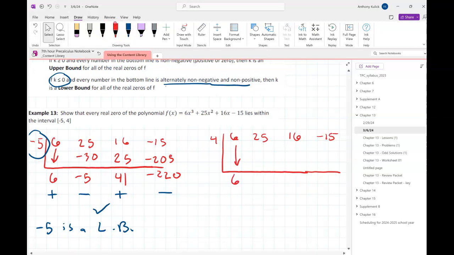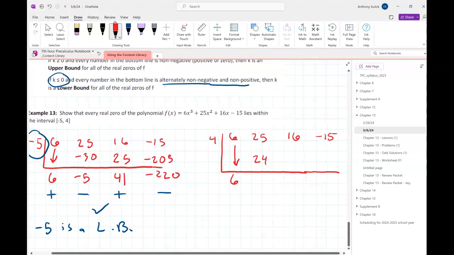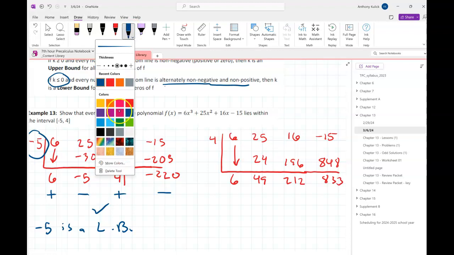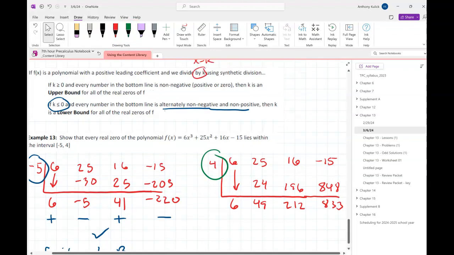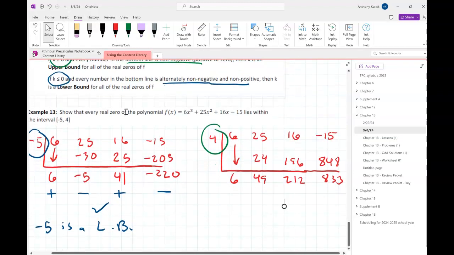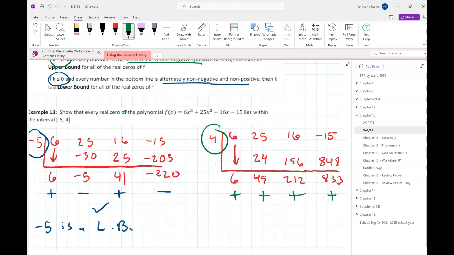Now let's do the same synthetic division with the other end. This time, my k is positive, so for that bottom line, I want all to be non-negative. Yup, that worked.